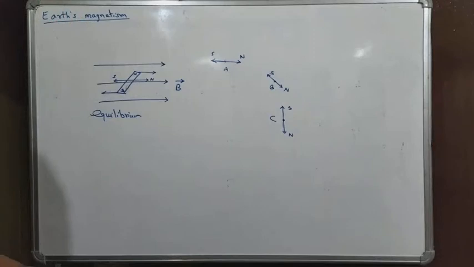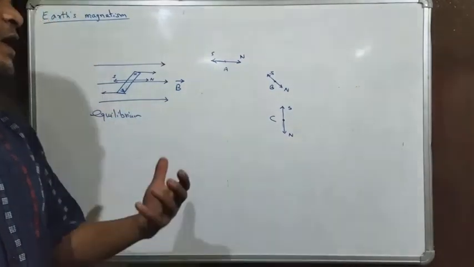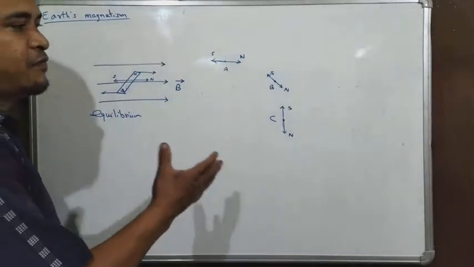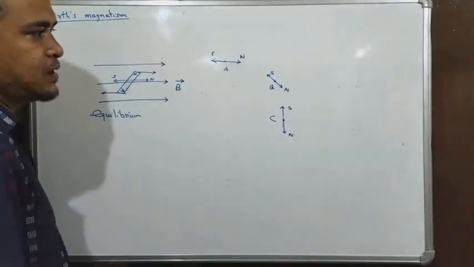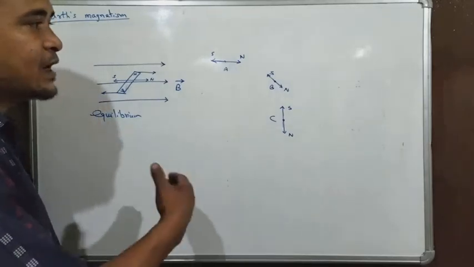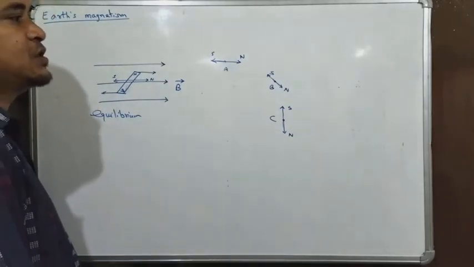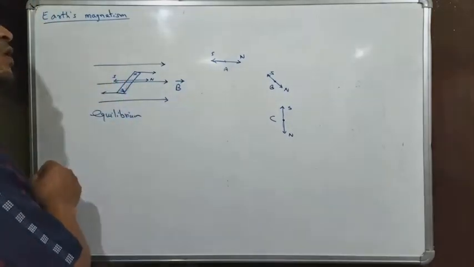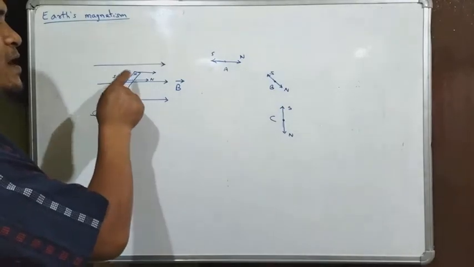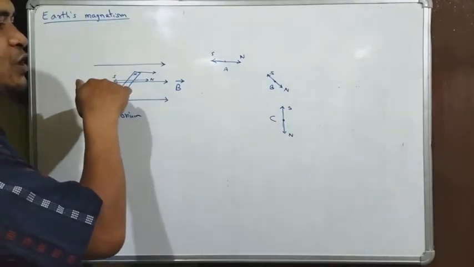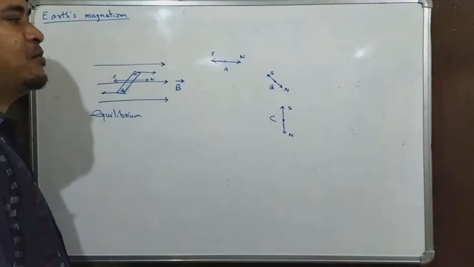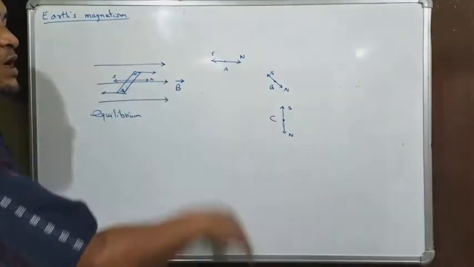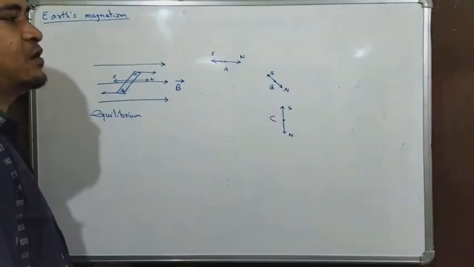This different alignment of the magnetic needle in different directions at different places suggests that there is a magnetic field on the surface of the Earth, because a magnetic needle is like a bar magnet, which when placed in a magnetic field will try to align parallel to the field, which means the North Pole of the needle will always be in the same direction as the magnetic field.